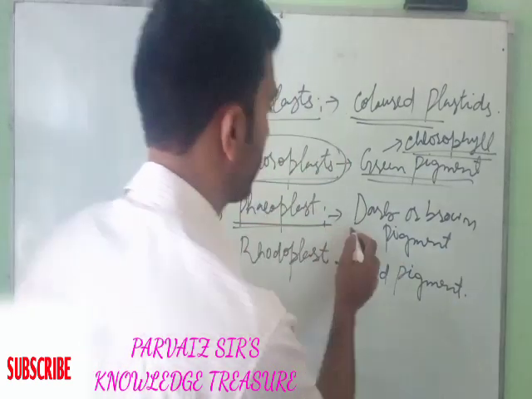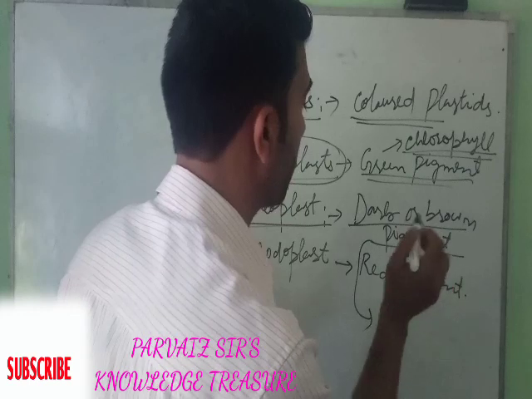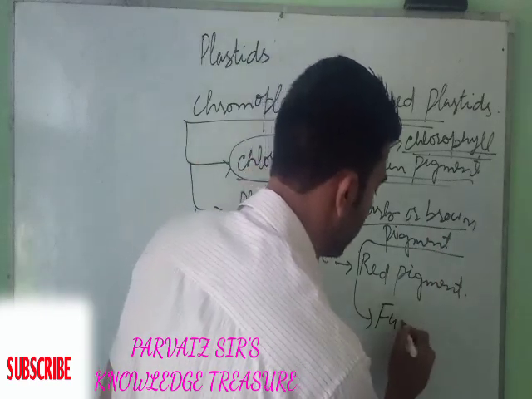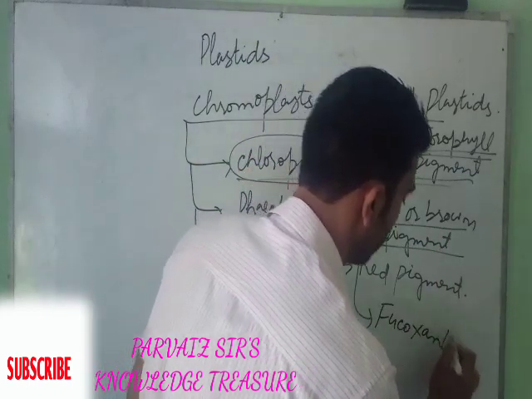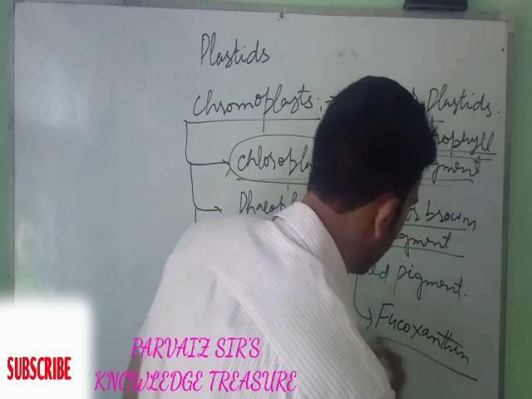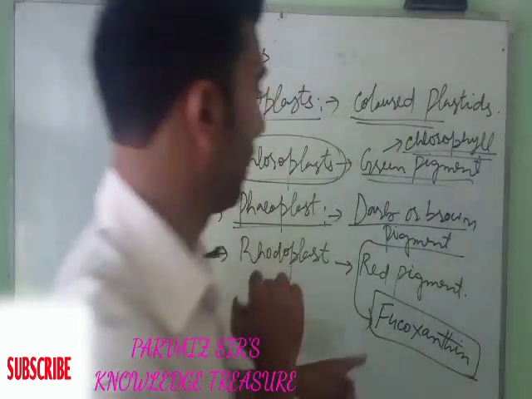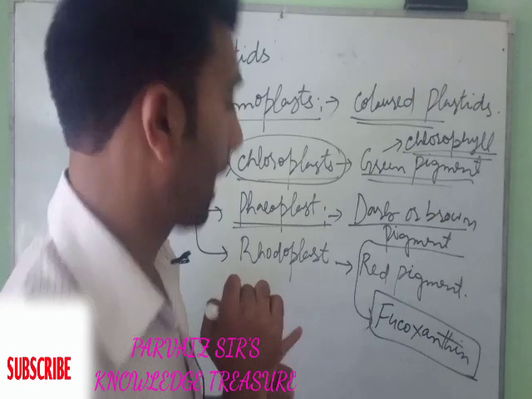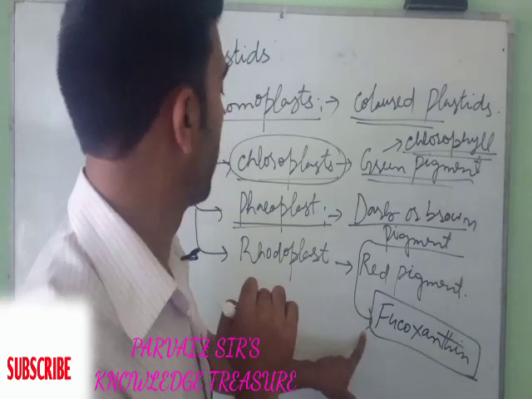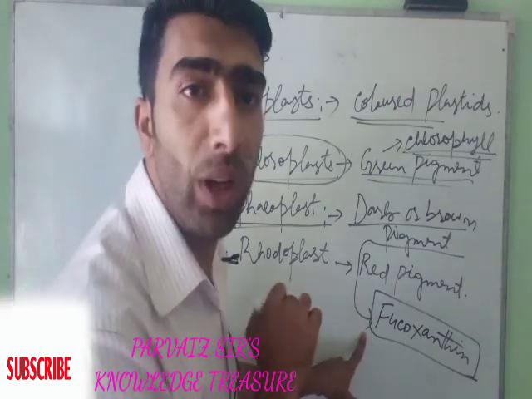Now, pheoplasts contain a pigment called phycoxanthin. This pigment is dark or brown in color and is found in brown algae.